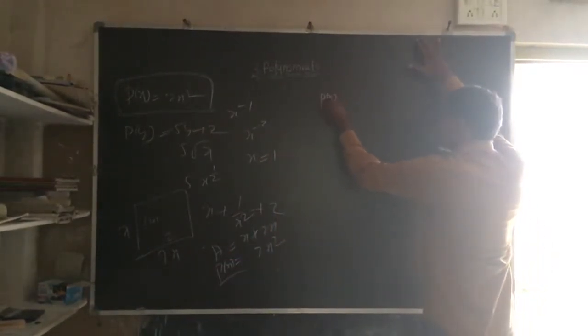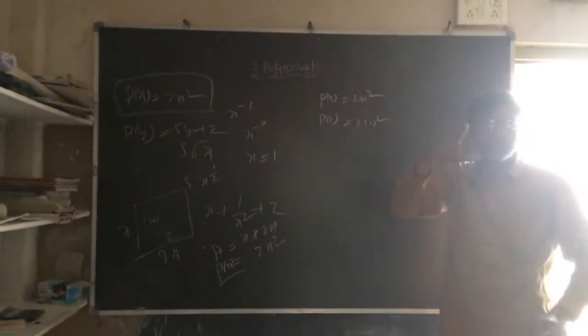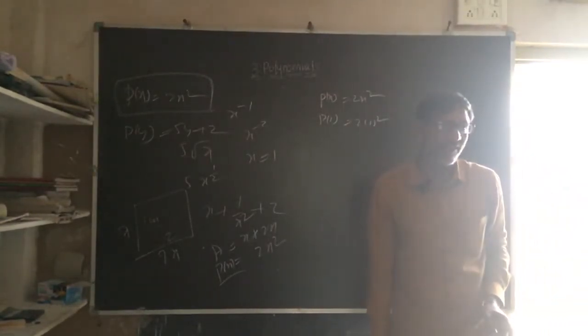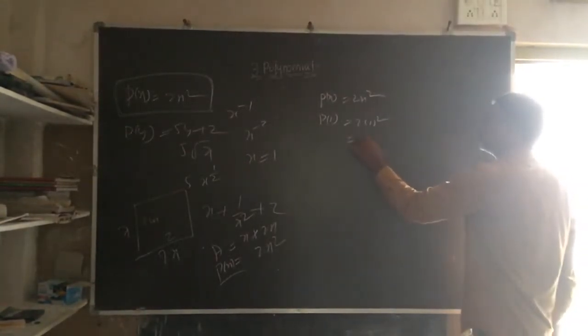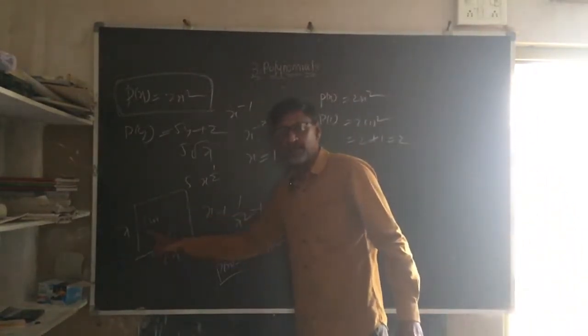p of x is equal to 2x square, so p of 1 is 2 into 1 square. You know 1 square value? 1 square is 1. 2 times 1 is equal to 2. We get 2 units. Length into breadth, 1 into 2, 2.